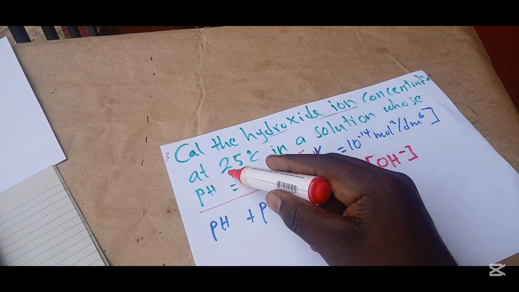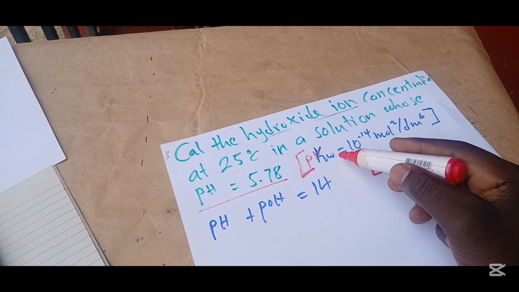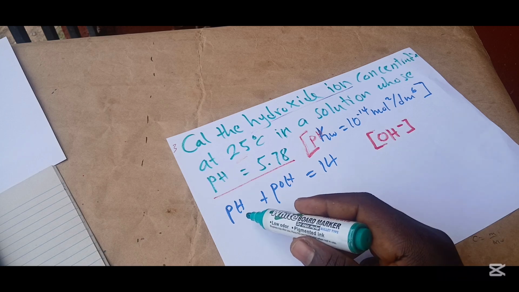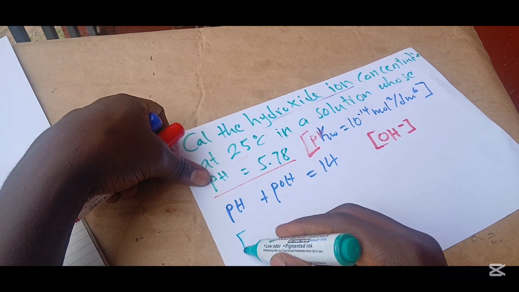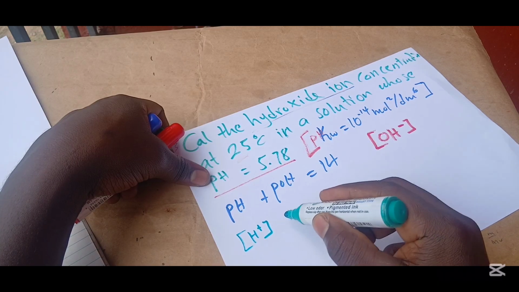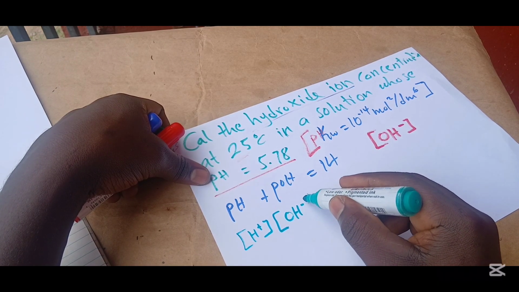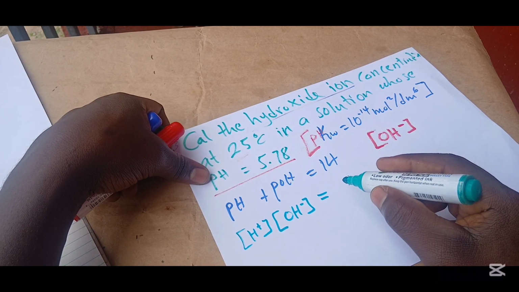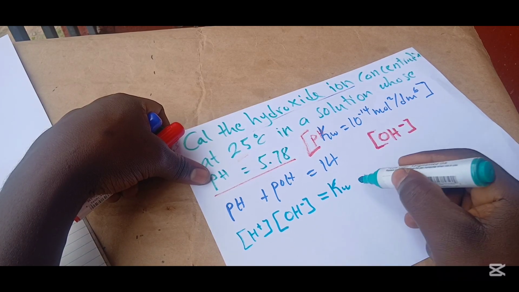First of all, at 25 degrees Celsius, and we've been given the auto ionization of water. And we know that pH plus pOH equals 14. The same thing as the hydrogen ion concentration multiplying the hydroxide ion concentration equals Kw, right?